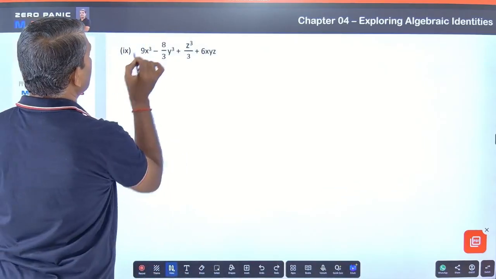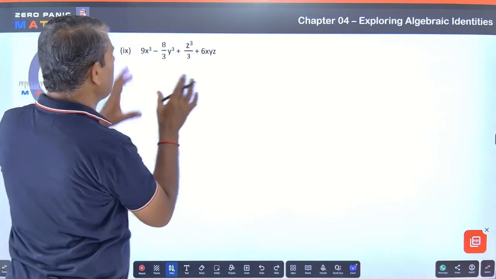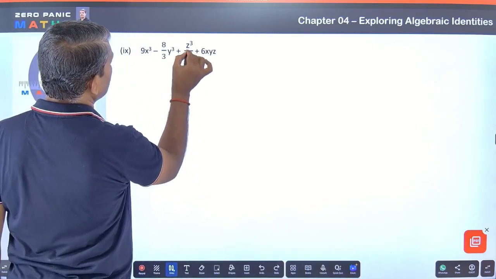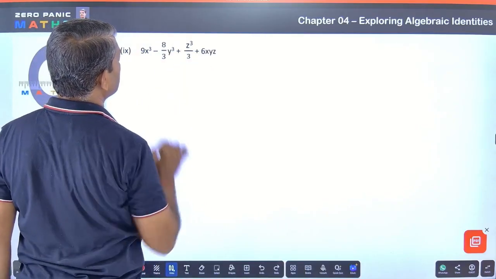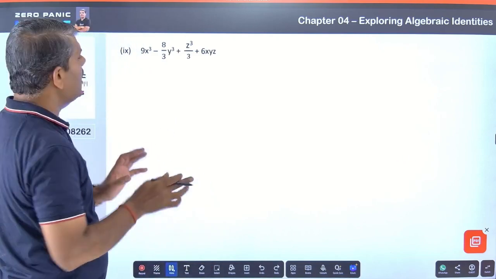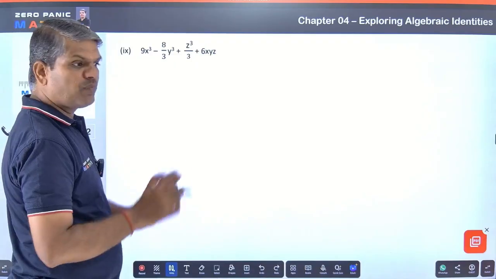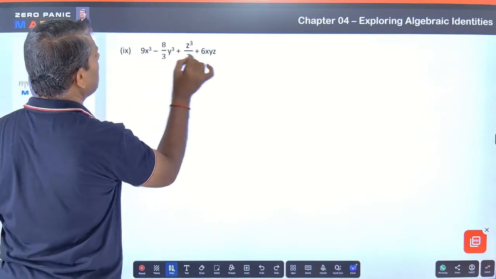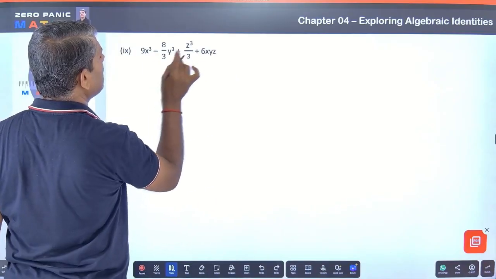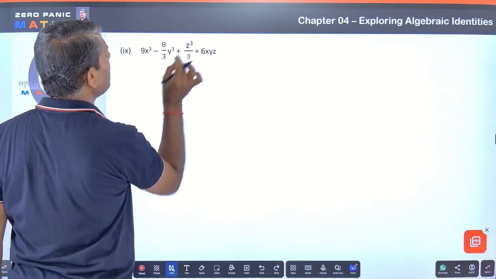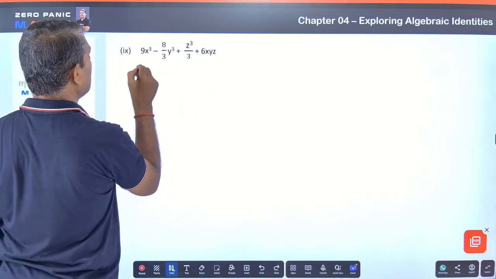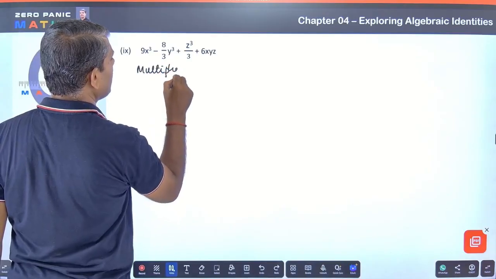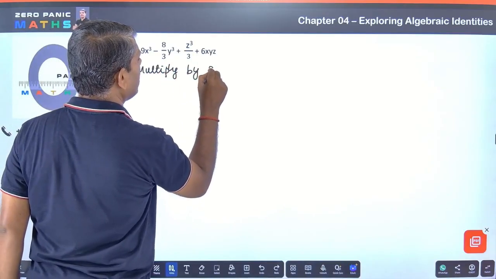Now problem number 9 looks like it matches some identity, but we have 3 in the denominators of two of the terms. If you cancel those out, it will be helpful for us to decide about any of the identities. So let us multiply this whole expression by 3 so that these 3s in the denominator get cancelled.